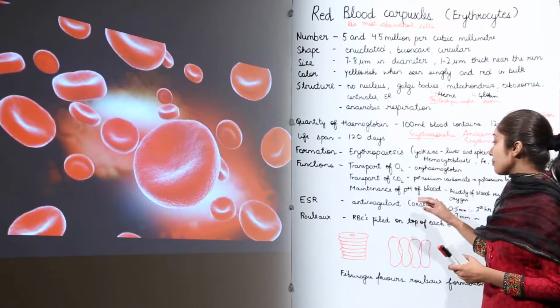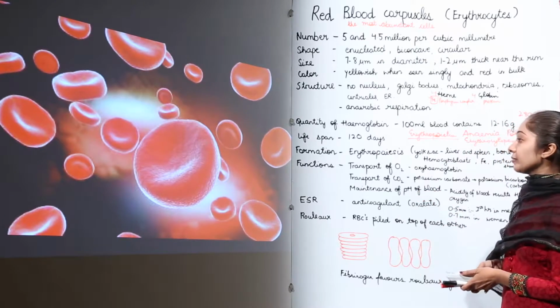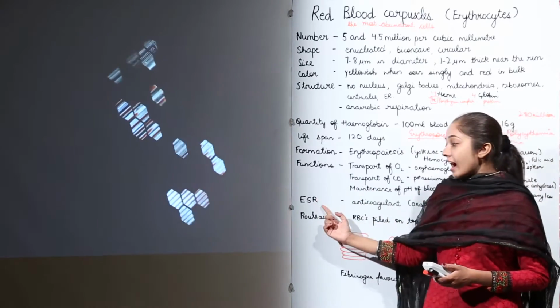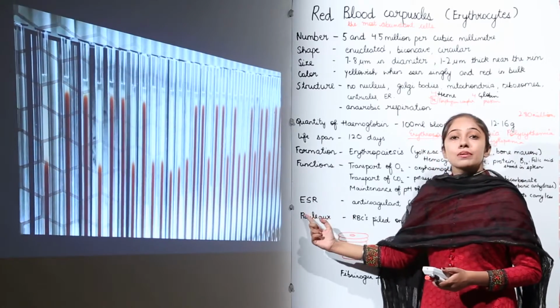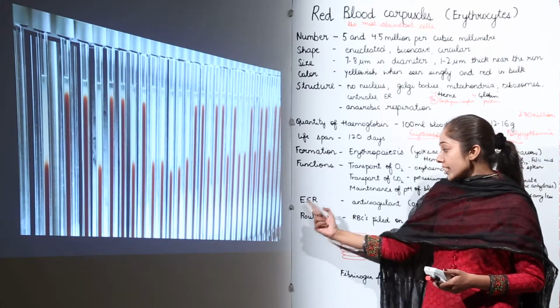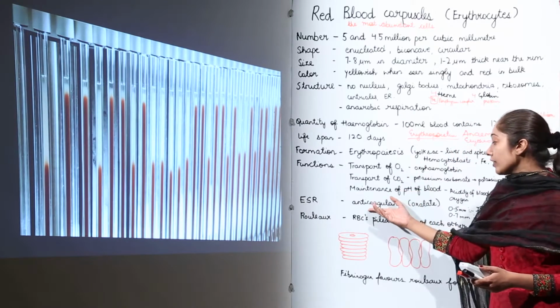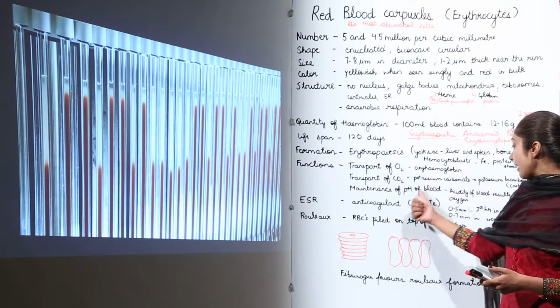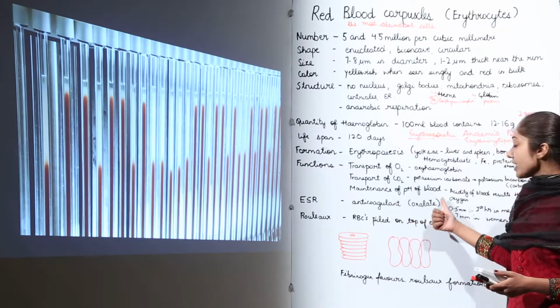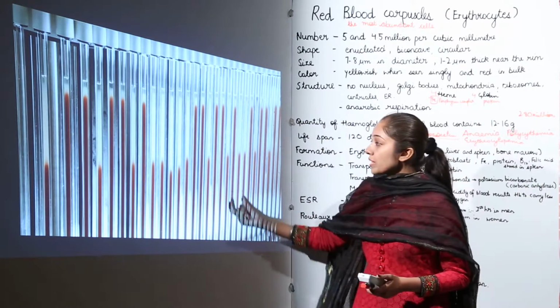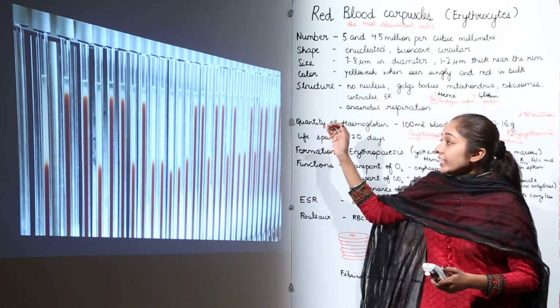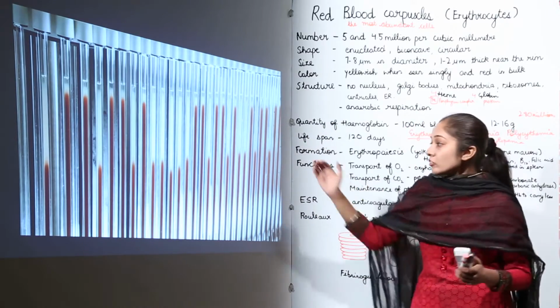Now let's talk about the next term, that is ESR, which is erythrocyte sedimentation rate. So when the blood which is carrying an anticoagulant, for example oxalate, is kept in these fine tubes, as you can see over here, the erythrocytes, the red blood corpuscles, are going to settle down.